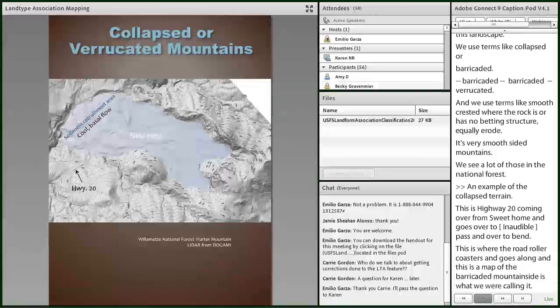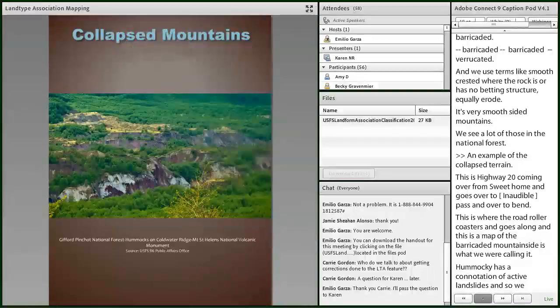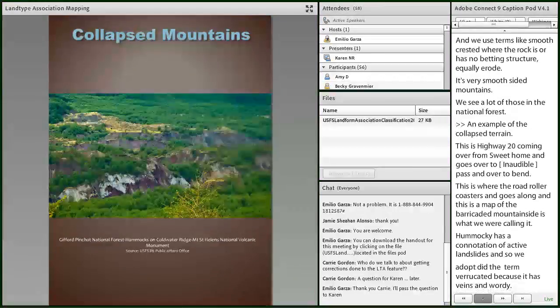And so we adopted the term variegated, meaning that it's just kind of like varicose veins. You know, it's warty and has texture to it. Anyway, we can change the name. But here's an example of a collapsed mountain up on the Gifford Pinchot National Forest, a result of the Mount St. Helens lahar.